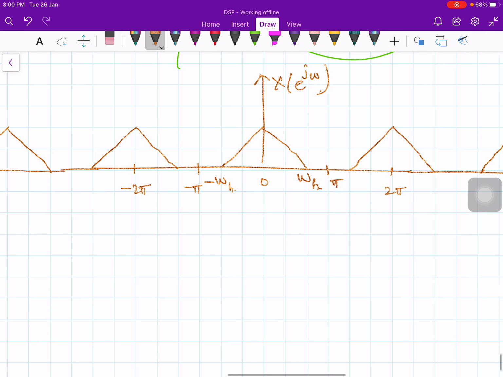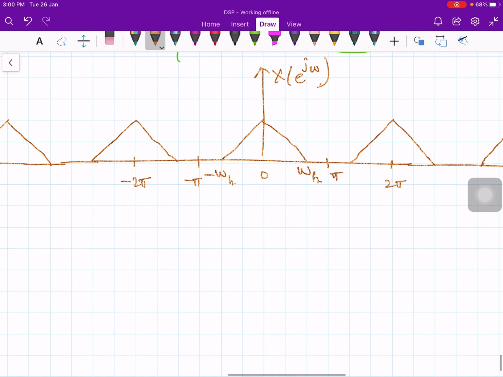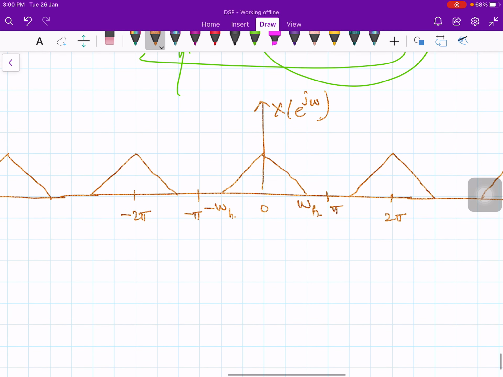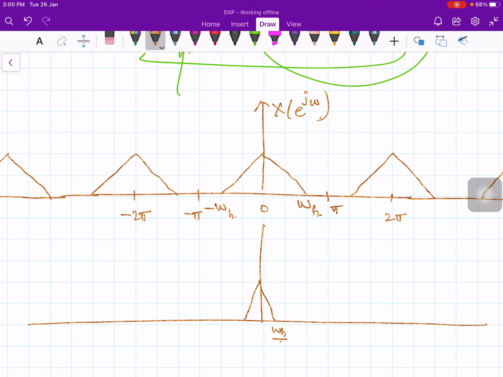If I take the spectrum of y of e to the j omega, how does it change? It changes like this. This is omega h by L and this one is minus omega h by L. And you will have one more spectrum.